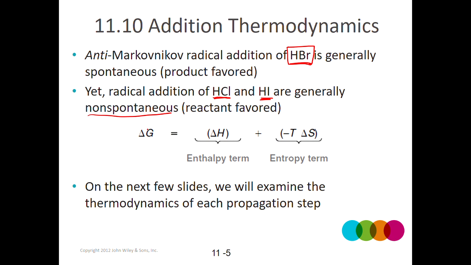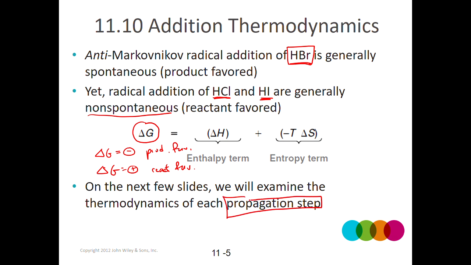Right? So again, if we're talking about whether or not an equilibrium favors products or reactants, we want to focus on delta G. We know if the sign for delta G is negative, it's going to be product favored. If delta G ends up being positive, we know it's going to be reactant favored. So let's look at the propagation steps.